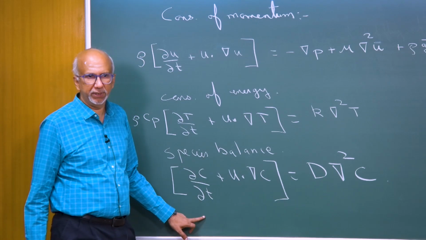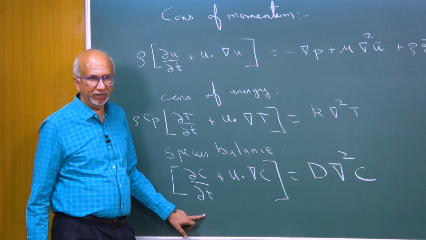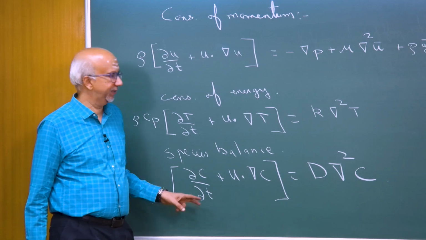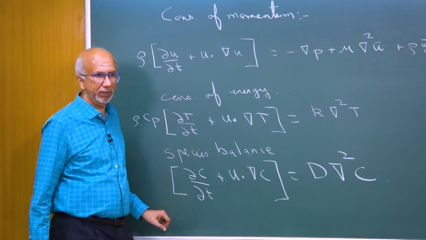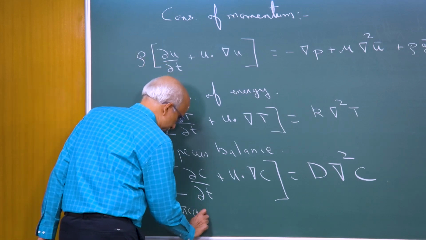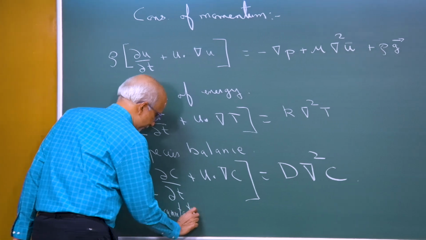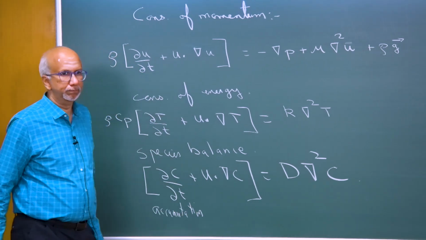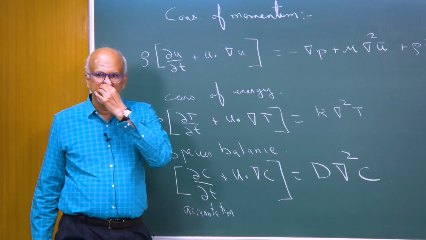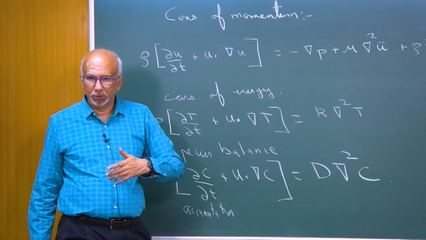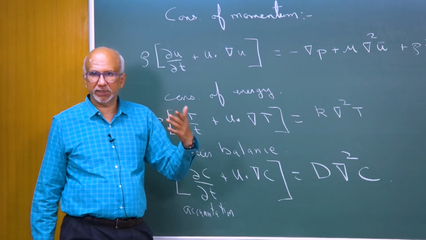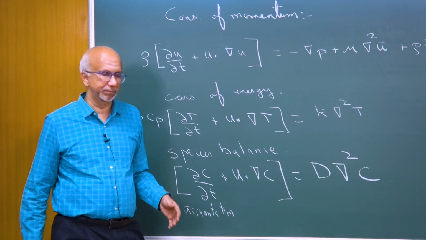So, this is typically what we write, and the way you normally are used to thinking about this is, the time derivative term takes into account the accumulation of either species or energy or momentum, okay. This is the accumulation term in a control volume. What does u dot del C represent? It represents the flux across the control surface through convection, okay.